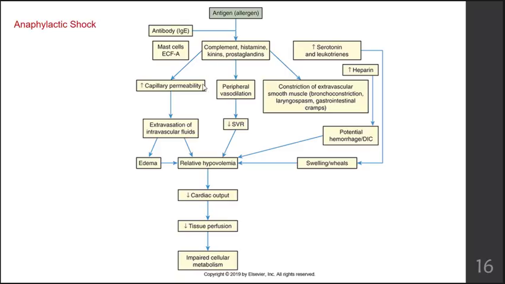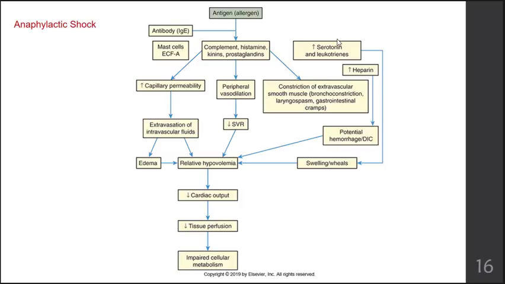And peripheral vasodilation occurs, which will ultimately have an effect in reducing systemic vascular resistance. So the movement of blood throughout the vessels is reduced because of the reduction in resistance. And this can lead to an overall state of reduction in cardiac output, which then leads to those similar common denominators that we know occur with shock.